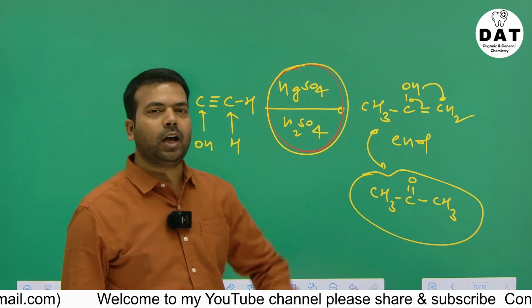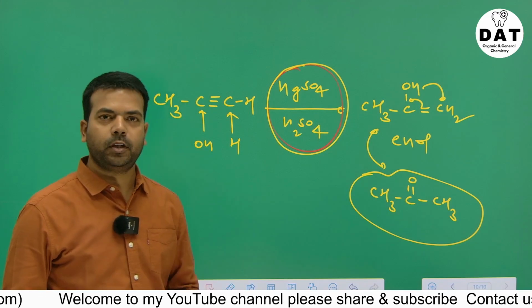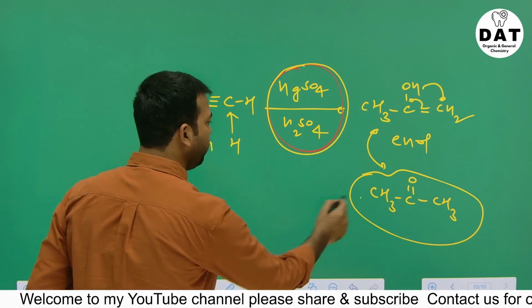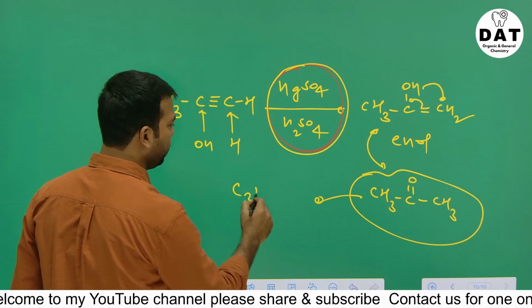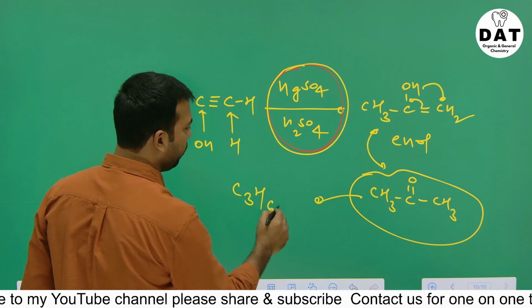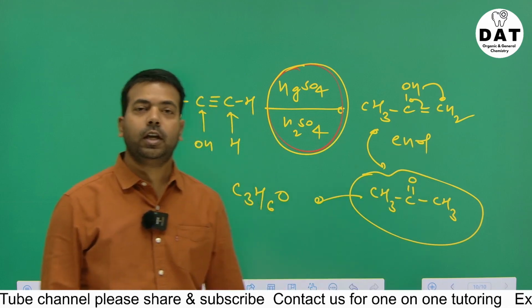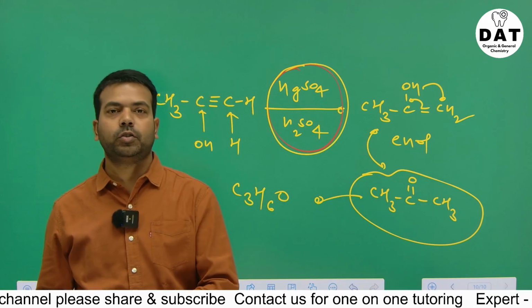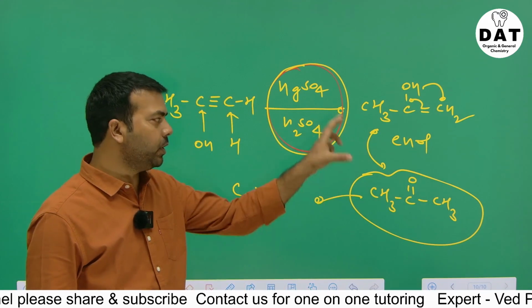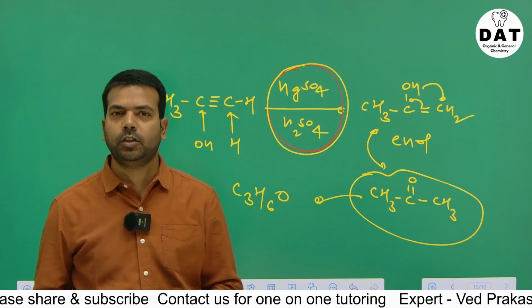Keto and enol are isomers of each other, and you can compare the molecular formula. Here we have C3, how much hydrogen? 6 and oxygen. Same here, C3, H6, oxygen. And it is a kind of constitutional or structural isomer because we have a different structure. It's not a stereoisomer.